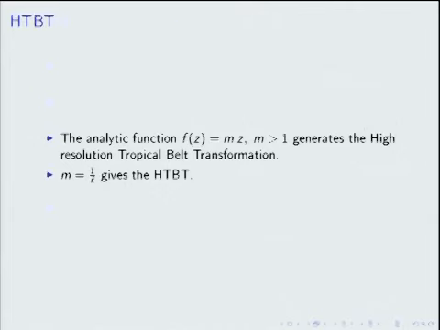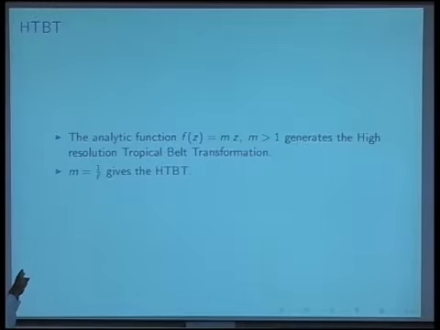I have to use m into z to get the high resolution tropical belt transformation. These are some immediate examples I could relate to the complex function theory.